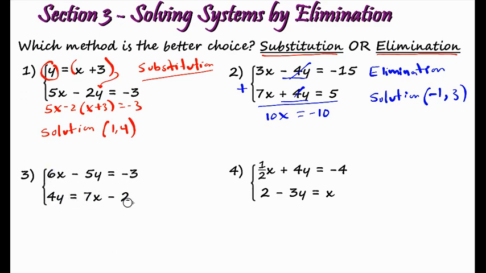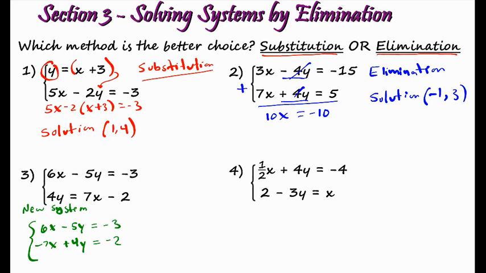Before I can use elimination, I need to align my x and y variables. So we would first write a new system: 6x minus 5y equals negative 3, and negative 7x plus 4y equals negative 2.